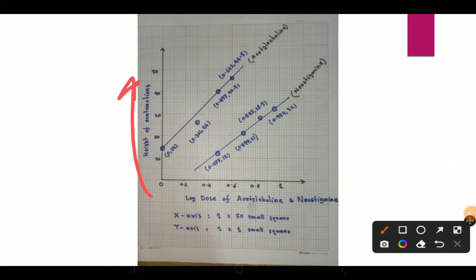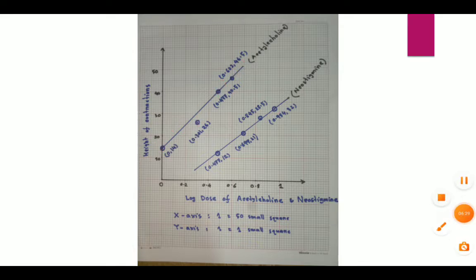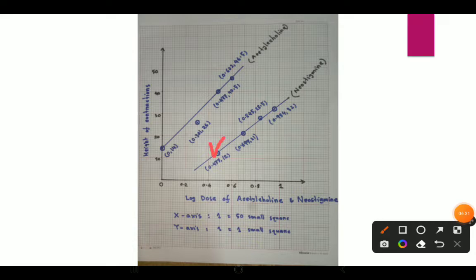So you can take 4 measurements, like here 1, 2, 3 and 4. I have taken 4 measurements here, and 4 measurements for neostigmine as well.